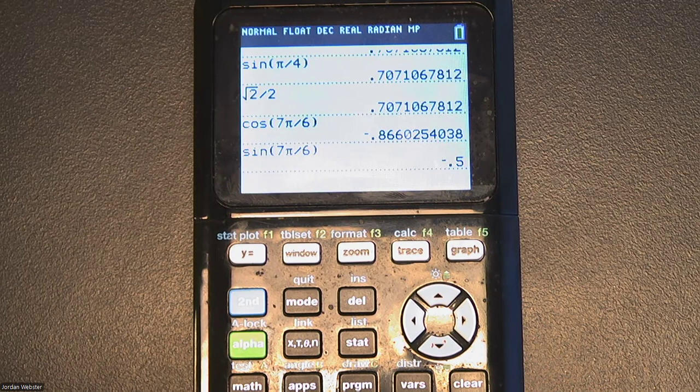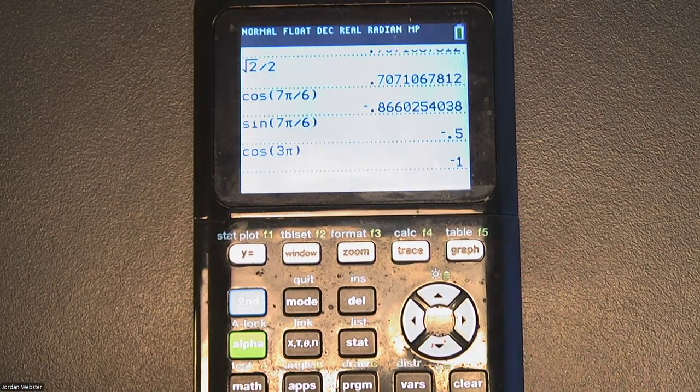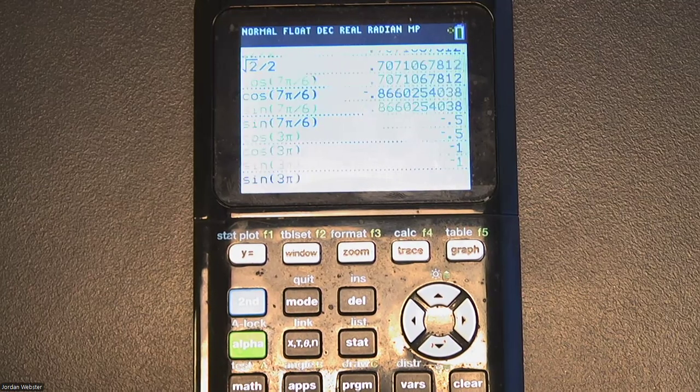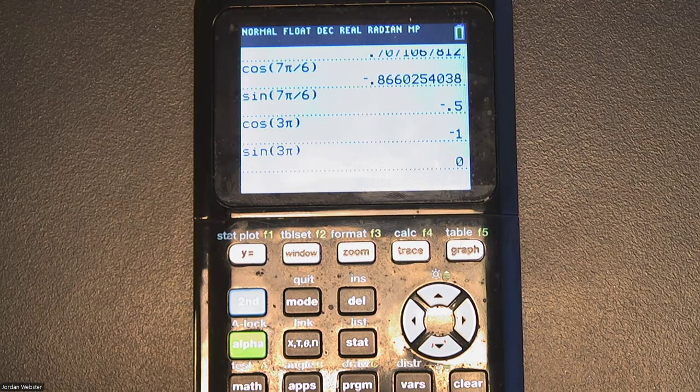We got negative 1/2, which is that decimal. So the cosine and the sine are working for all of the wrapping function outputs that we've seen before.